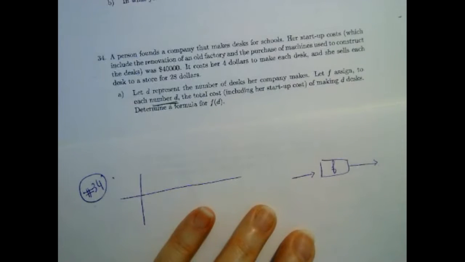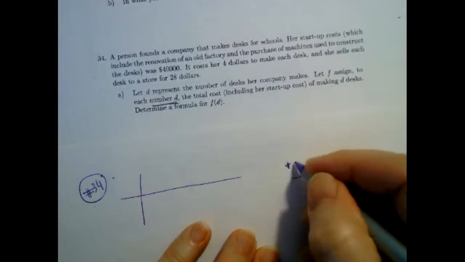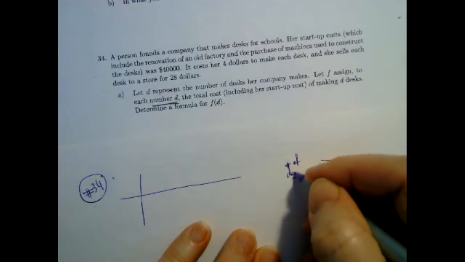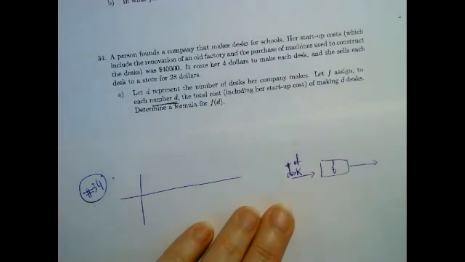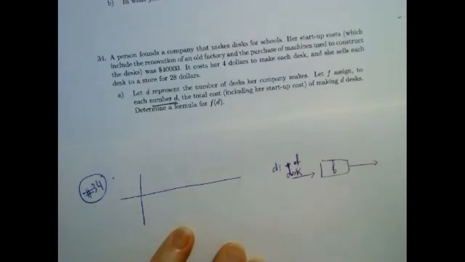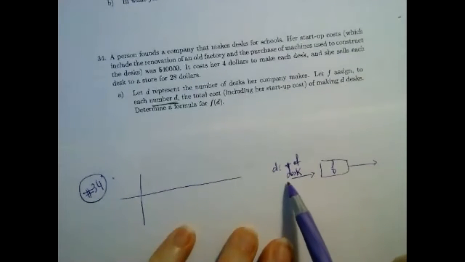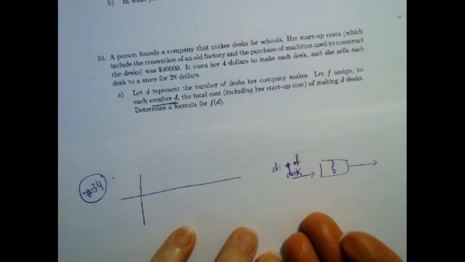So I take the input, the number of desks manufactured. D is the number of desks, and f assigns to them the cost of making D desks. If D is 1, it's the cost to make 1 desk. If D is 2, it's the cost to make 2 desks.